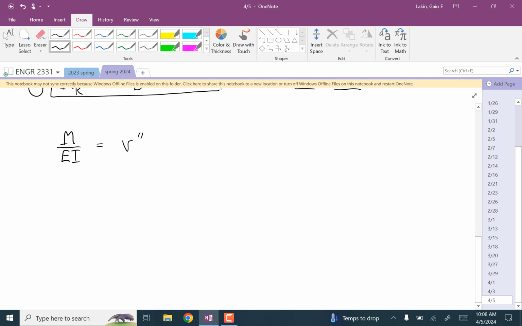In order to come up with the bending moment, we have to do a cut to calculate that internal. So this is my cut 1. We only need 1. This is for all x values between 0 and 3 meters.